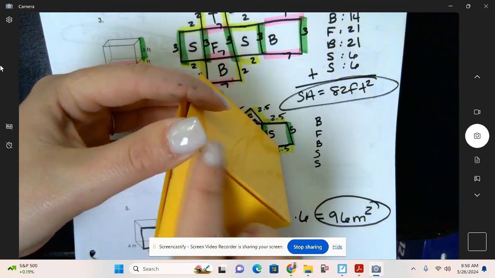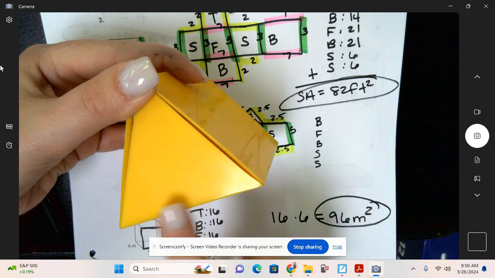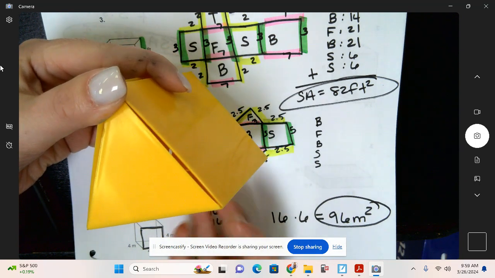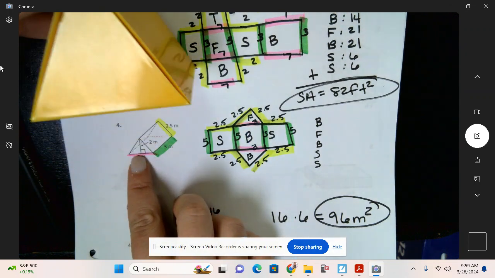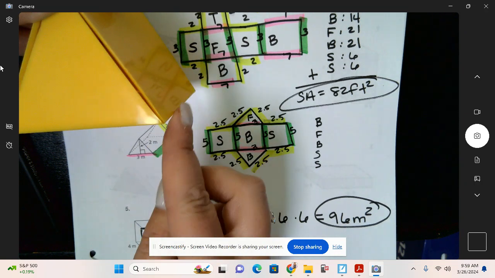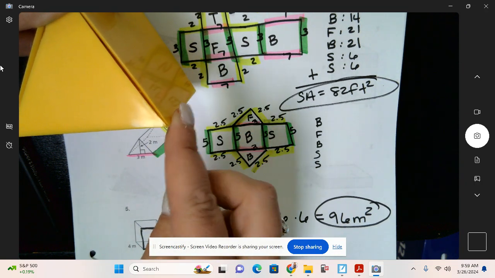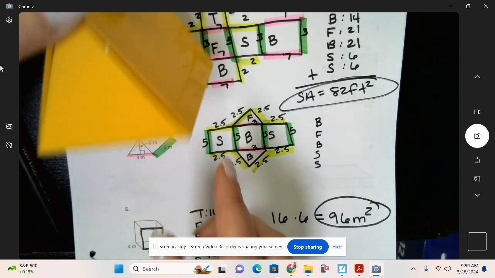No, it's not one of the slanted pieces. So this side of the triangle and this piece make up the bottom. Okay?